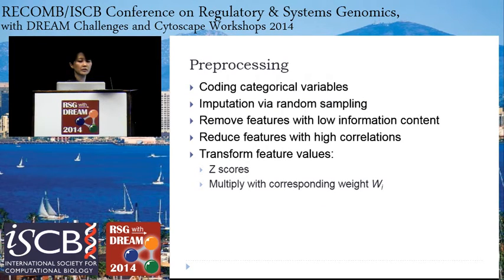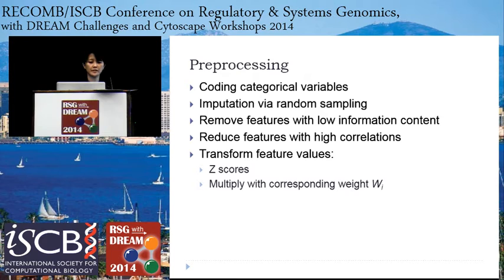So next, I'm going to talk about the step-by-step process in my model. First, I dummy code the categorical variables, and for missing data, I use random sampling to replace their value. Then I removed features that have low information content, and there are only 4 such features.